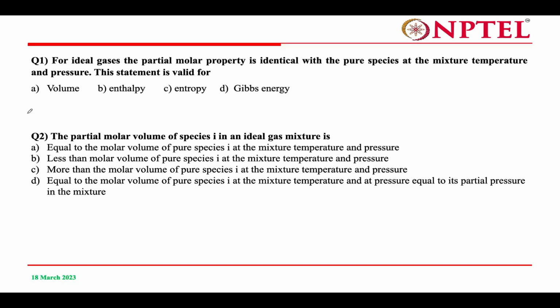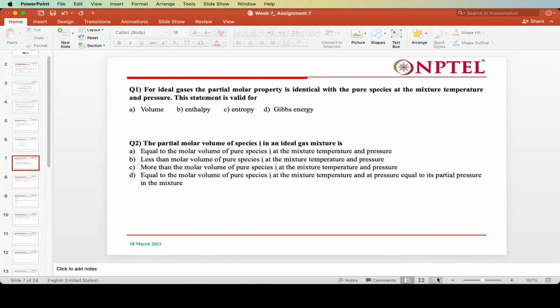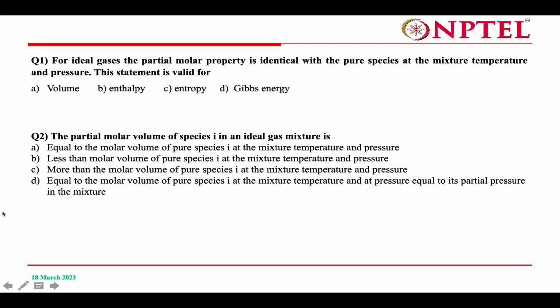So coming to question number 1. For an ideal gas, the partial molar property is identical with the pure species property at the mixture temperature and pressure. This statement is valid for which property?